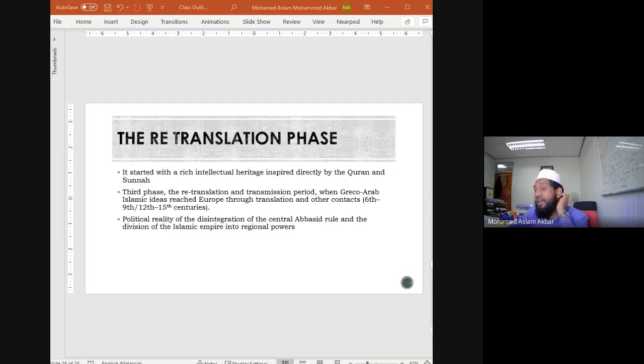That's the reason why you can see that most of the work, like Ibn Rushd, we call him Ibn Rushd, but they call him Averroes. We call someone Ibn Sina and they call him Avicenna, Al-Khwarizmi or Algebra.